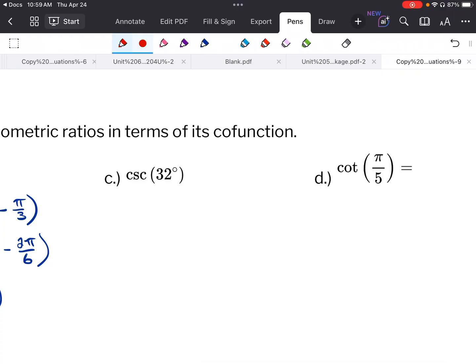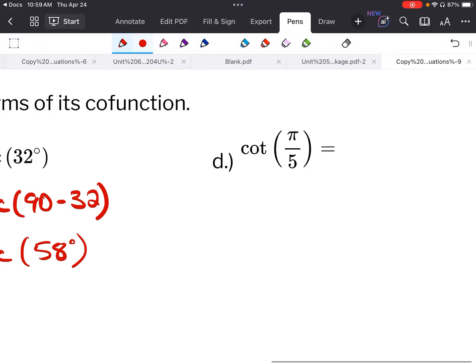Okay, cosecant. So just like sine A is cos of something, cosecant A is going to be the secant of 90 take away A. And finally, cotangent.